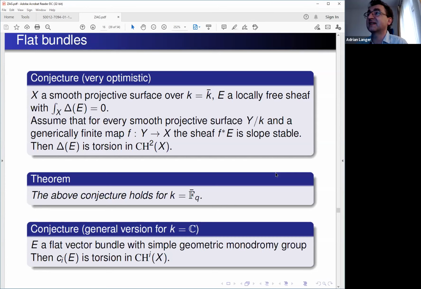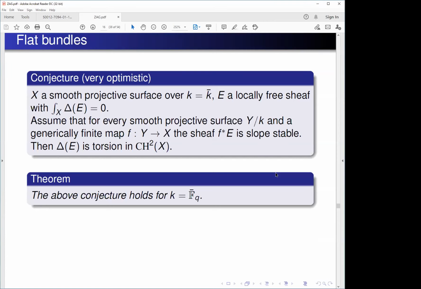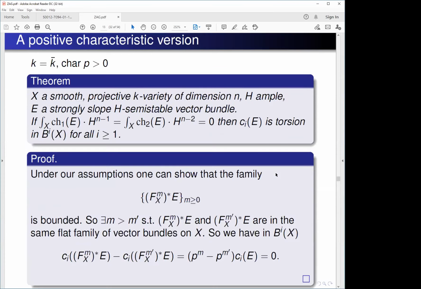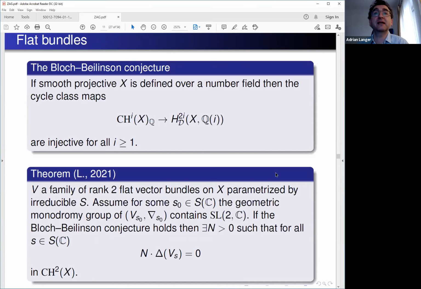Okay. And the other story is the SL2 story. So the SL2 story here, yeah. Contains SL2, so you have a complex point where you have SL2 monodromy, or maybe GL2 monodromy, or maybe something that contains SL2 as a finite order subgroup.